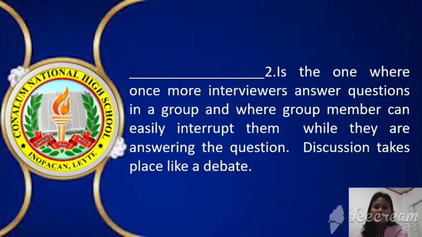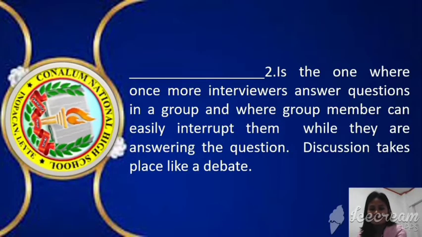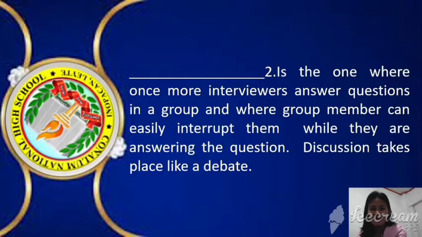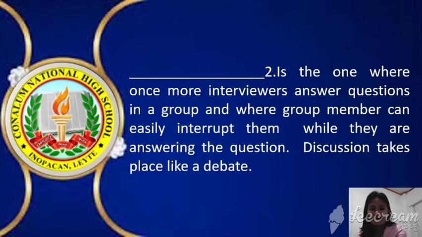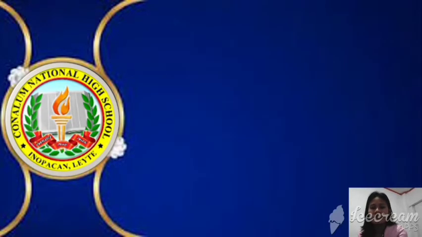Is the one where one or more interviewees answer questions in a group and where group members can easily interrupt them while they are answering the question. Discussion takes place like a debate. Okay, what is the correct answer? It's focus group.